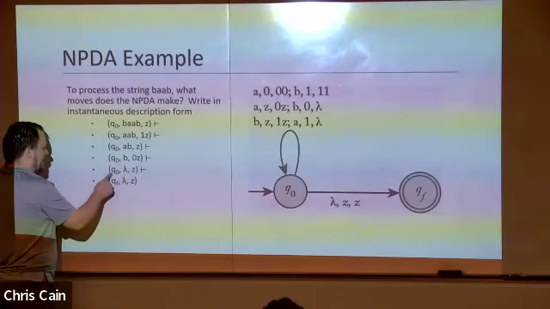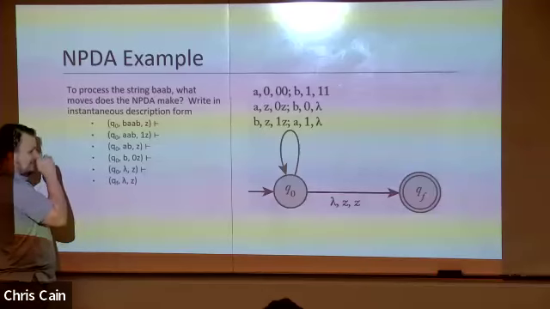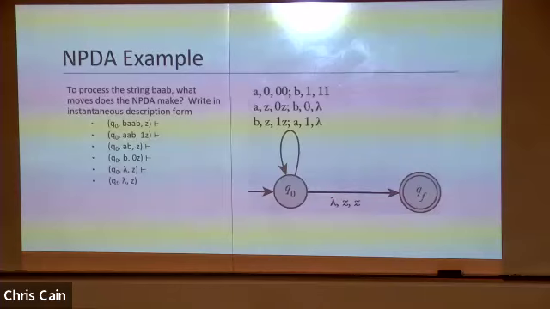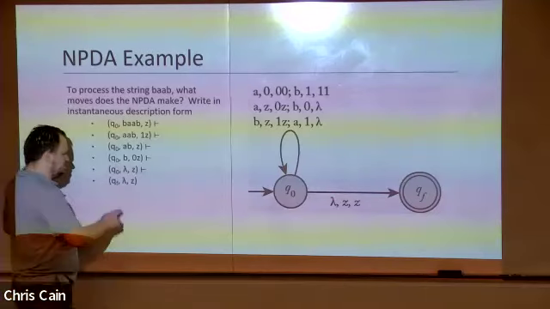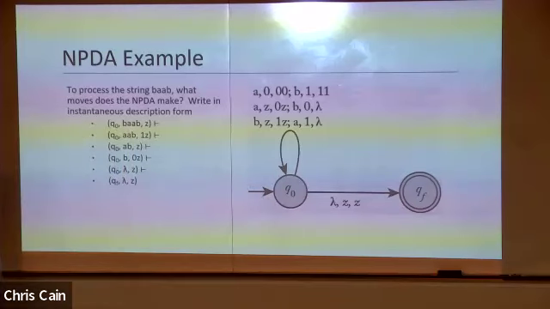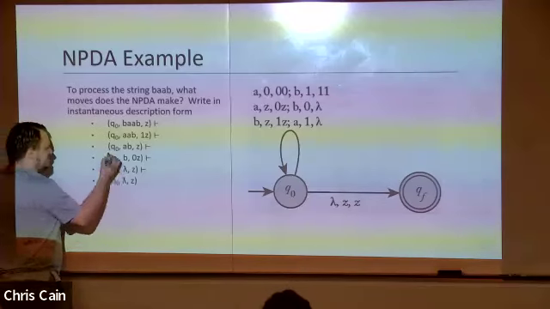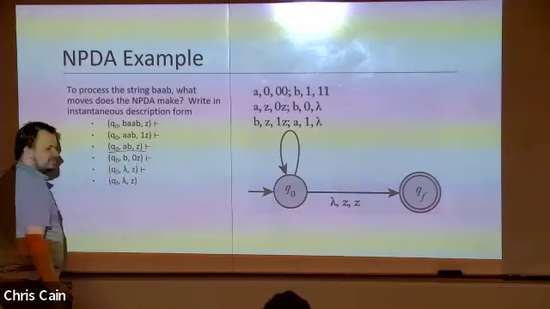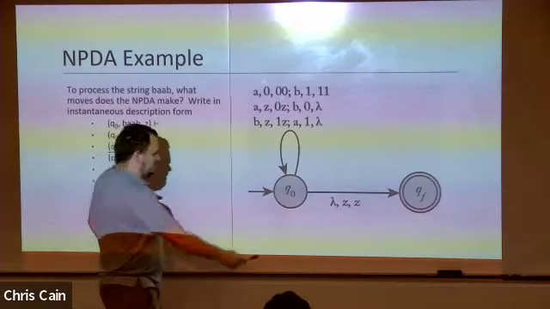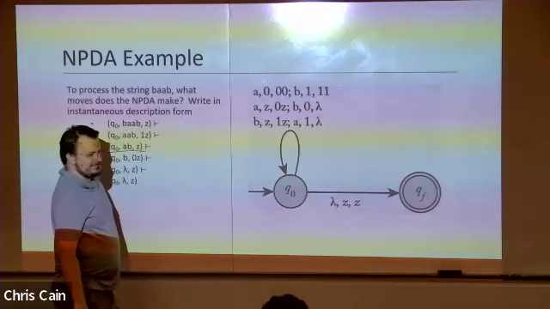What happens when we're at the end of the string? Is there anything we can do without reading any characters? Yes, we can transition to the final state when we have the bottom of stack character. Note that we could have also done that here. At that position, it was possible for us to make this transition.